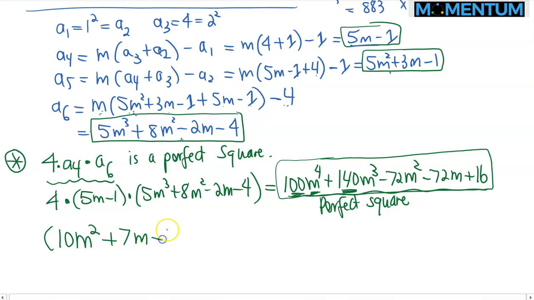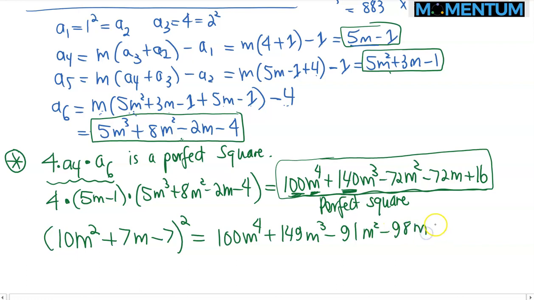And now I will consider the following 2 expressions. First I would like to calculate this one. Very straightforward, just square it. If you square it, you'll get 100m to the 4 plus 149m cubed, I think, minus 91m squared minus 98m and plus 49.